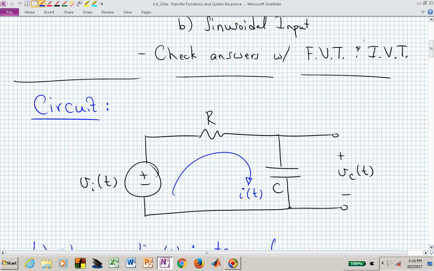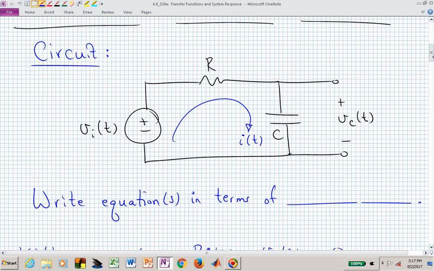You can do that many different ways, and you should have consistency between those ways. If one student finds the governing differential equation using one approach and another student uses another approach, you should see consistency between their final sets of expressions that govern the dynamic behavior of this circuit.